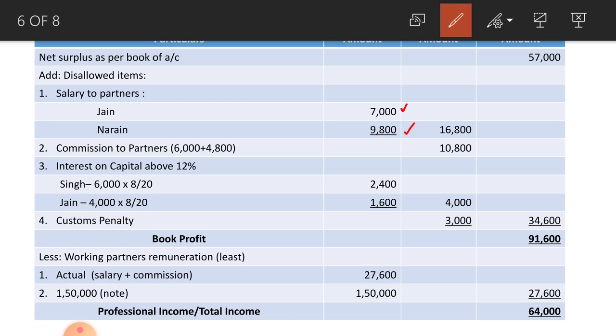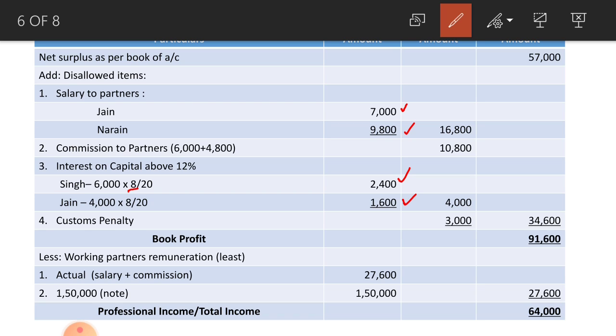Next one, interest on capital above 12%, that is Singh 6,000 into 8 by 20, that is above 12%, that is 20% minus 12%, that is 8% out of 20% is disallowed, that amounts to 2,400, and Jain 4,000 into 8 by 20, that amounts to rupees 1,600. So the total of interest on capital above 12% amounts to rupees 4,000. Next disallowed item is customs penalty 3,000.